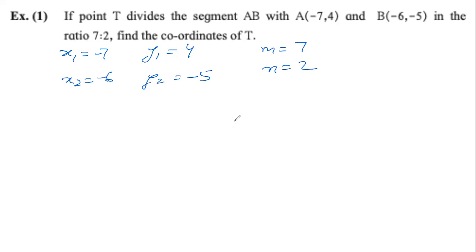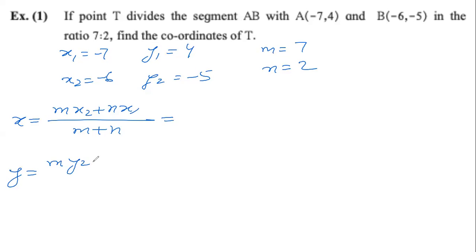Now you've got it. Now again we have to find x. mx2 plus nx1 by m plus n. Check if sir has written the formula correctly. First check the formula.